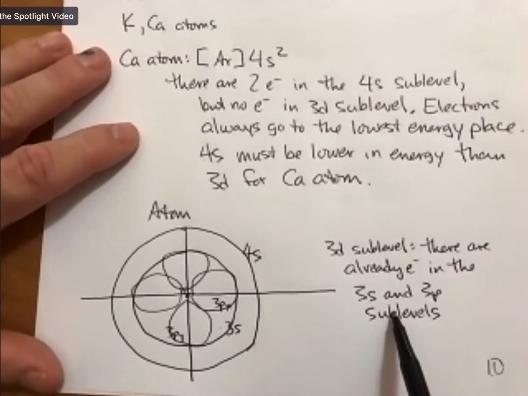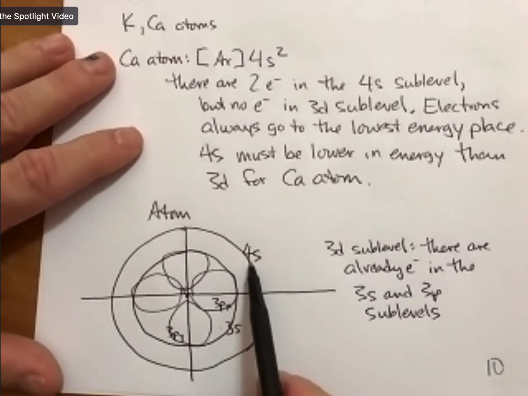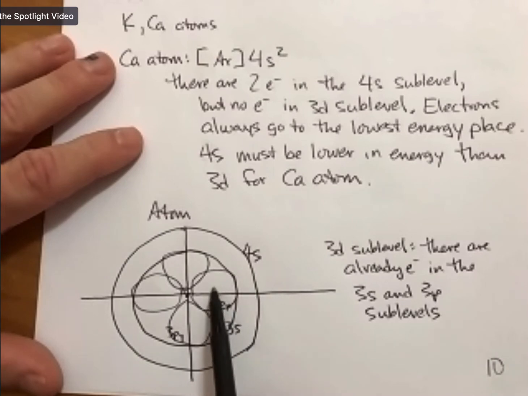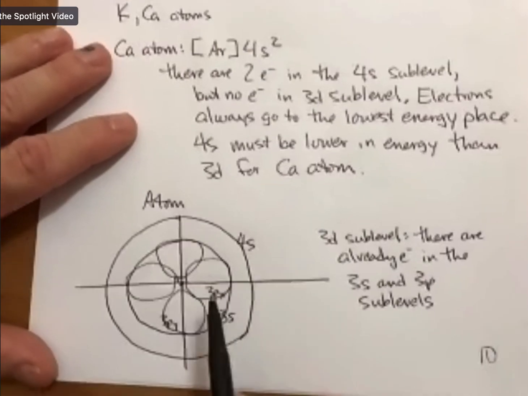And so what happens is that 4s, even though it is larger, to put electrons in the 3D, the electrons would experience electron-electron repulsions.